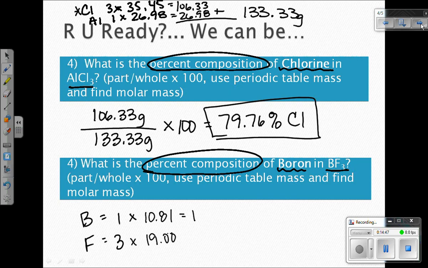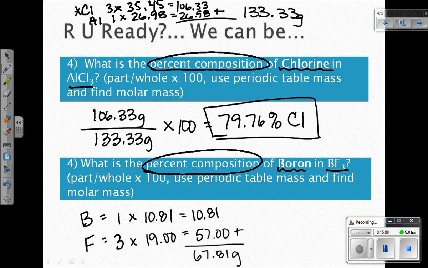So this gives me 10.81, and this gives me 57. I then need to add these together, and that gives me a grand total of 67.81 grams. You need to be able to do molar masses. That's something that you're going to be asked to do in individual problems.